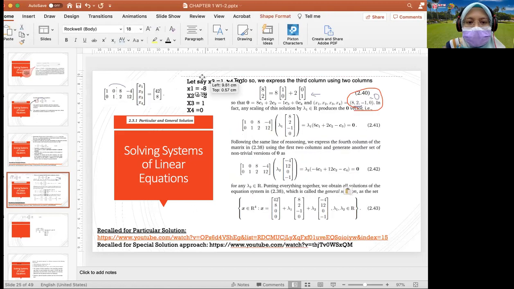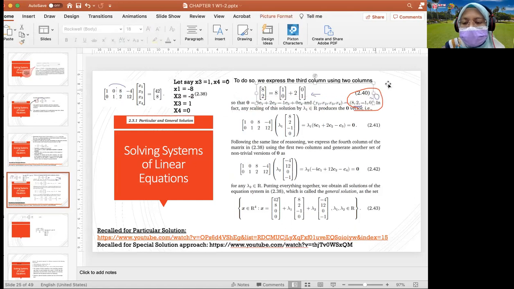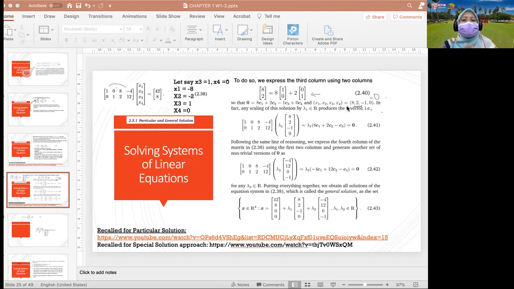The first possible solution is this, 8, 2, minus 1, 0. And when I do the second approach, I get a slight difference. It's still the same, but there is a small change. This one I get minus 8, minus 2, 1, 0.